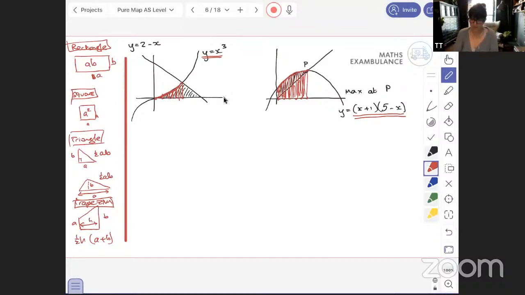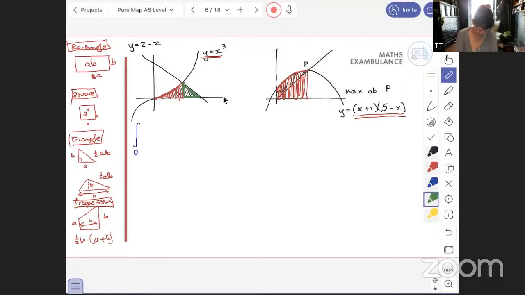Okay, so first one is, well, that red bit I do actually want, so I'm going to find that integral, and then look, it is a triangle. So the first bit that I want is going to be the integral from 0 to, oh, another job. Always, always another job.